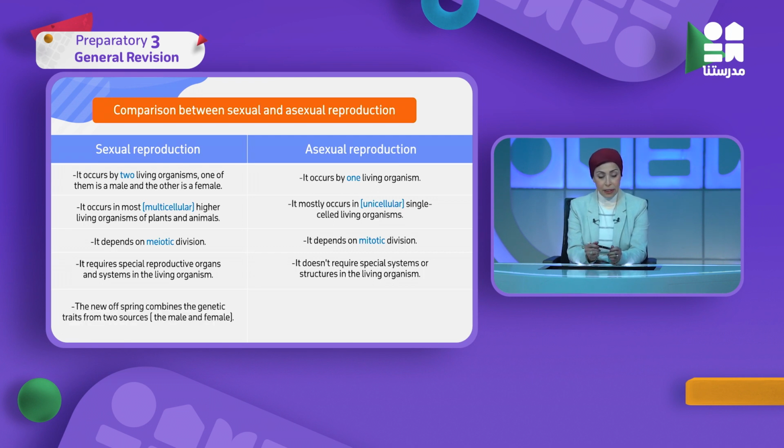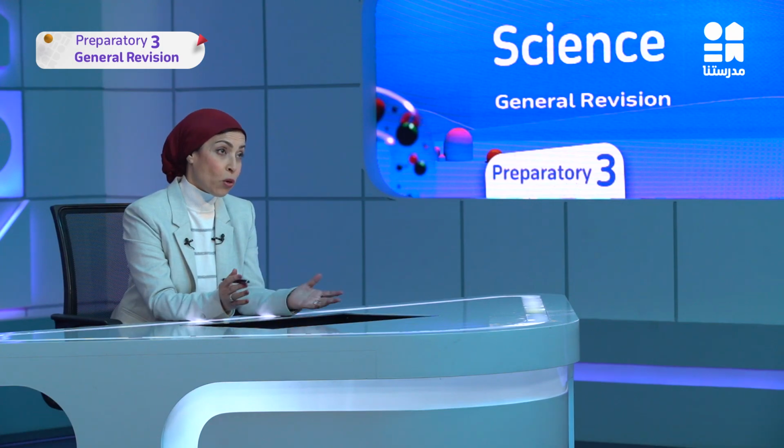The last point is that the new offsprings resulting from sexual reproduction are a combination of the genetic properties of both the male and the female, so each has its own special characters. While in asexual reproduction, all the new offsprings are copy-paste from the parent cell, exactly identical to the parent cell because it divided mitotically.